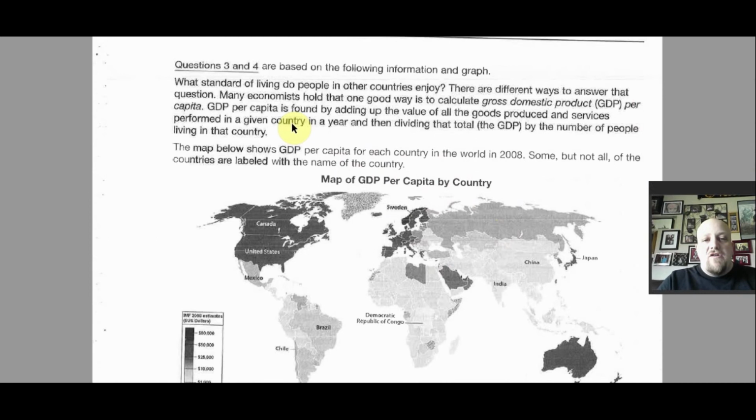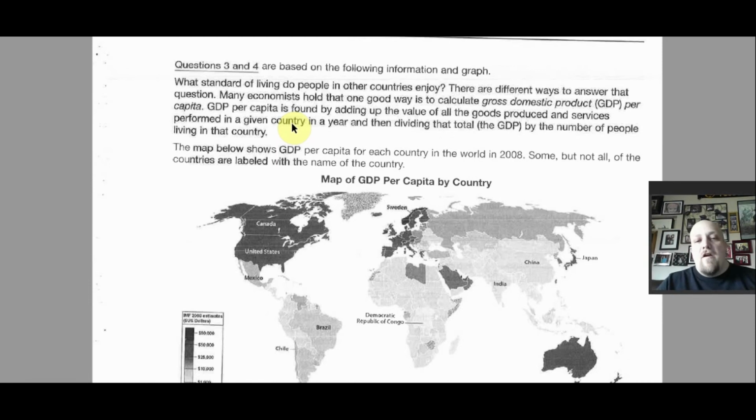Many economists hold that one good way is to calculate the gross domestic product, so GDP per capita. GDP per capita is found by adding up the value of all the goods produced and services performed in a given country in a year and then dividing by the total number of people, which is per capita. The map below shows per capita in the world in 2008.